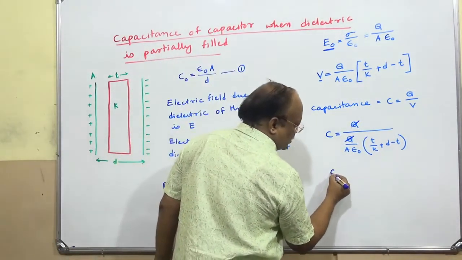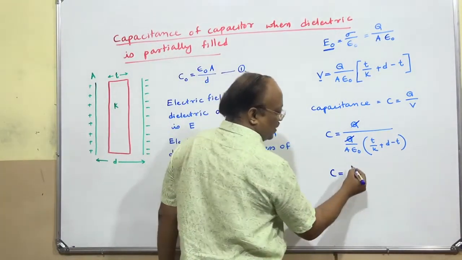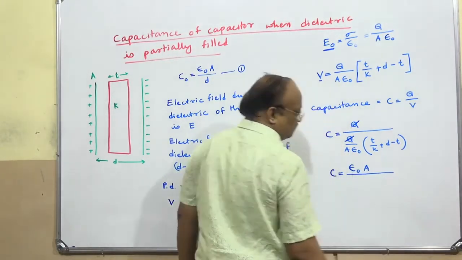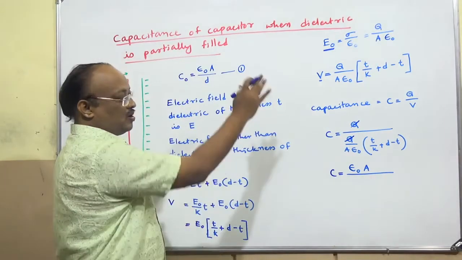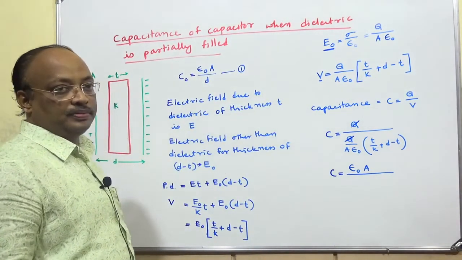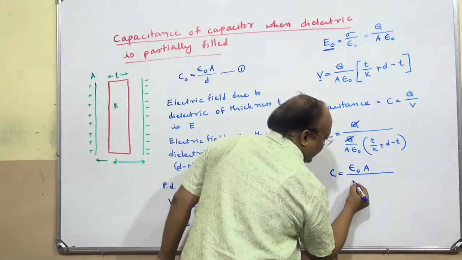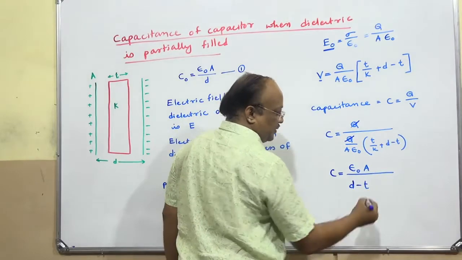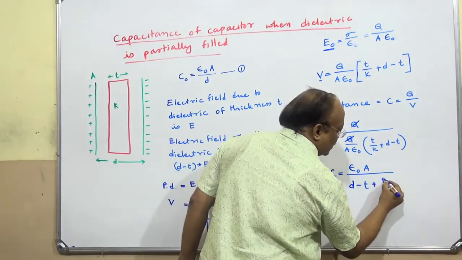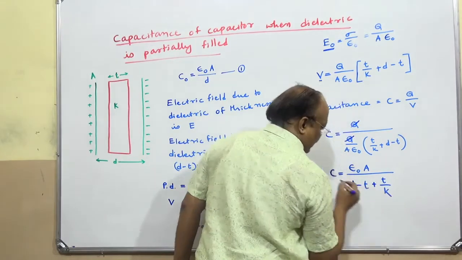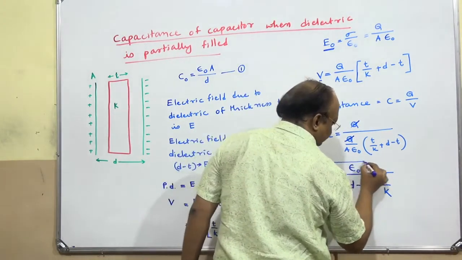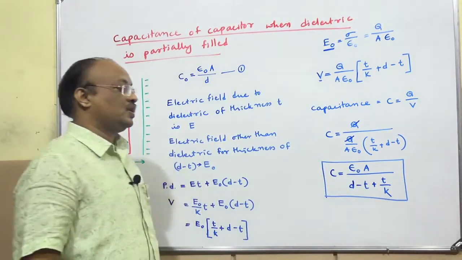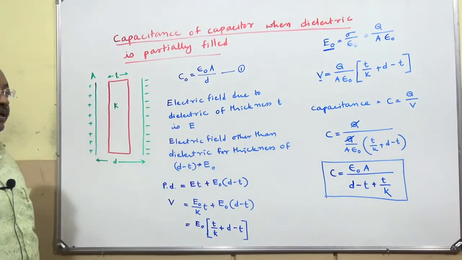So C is equal to epsilon naught into A divided by D minus T plus T by K. So this is our expression.